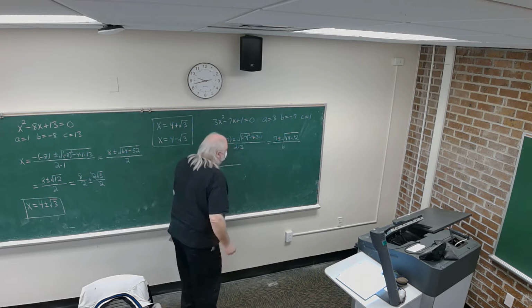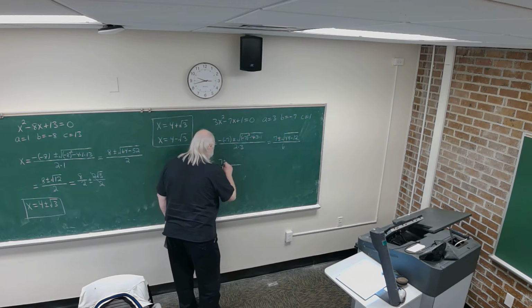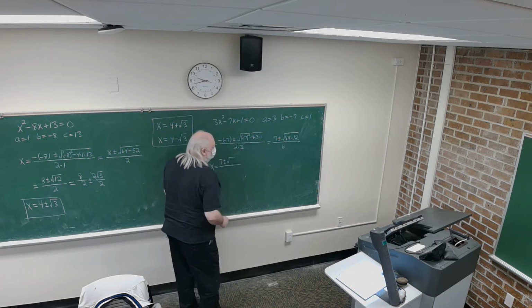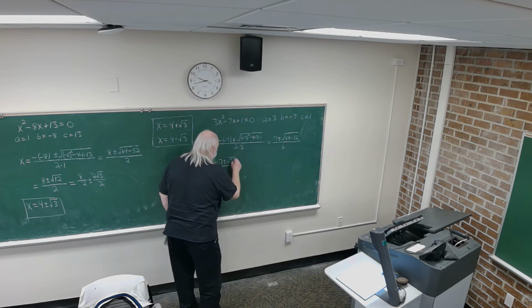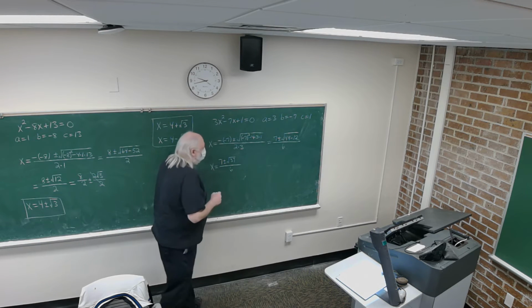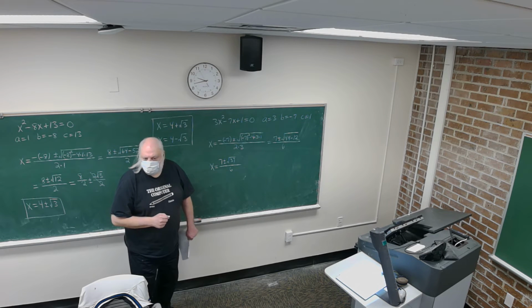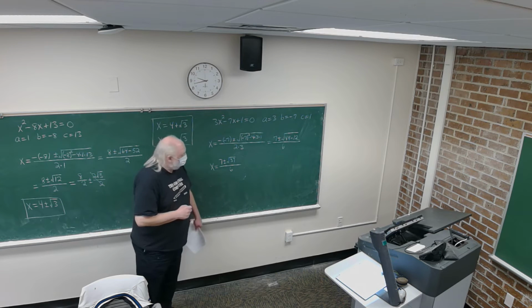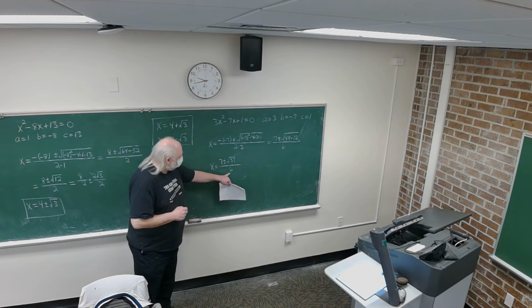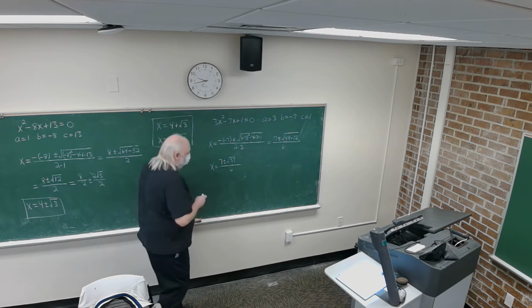Well, 49 minus 12 is 37. The square root of 37 reduce? Nada. And 7 is not divisible by 6, and this doesn't reduce, so you can probably stop right here. Okay?